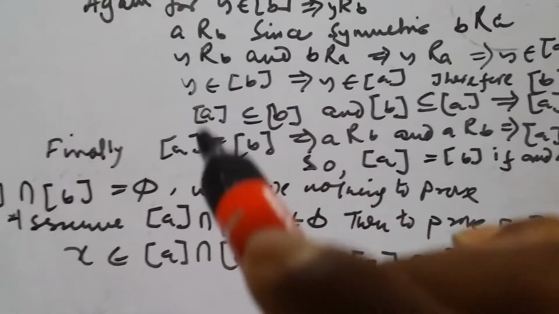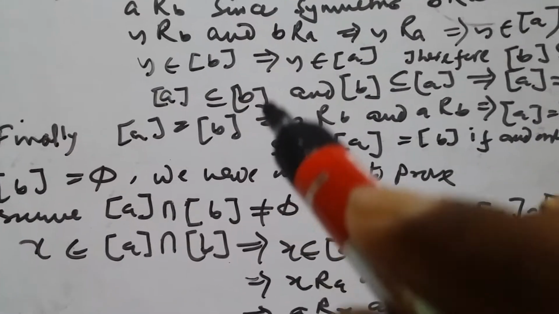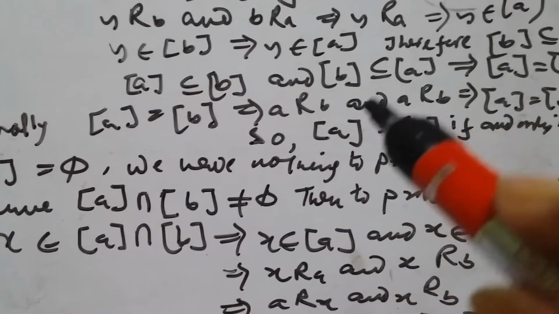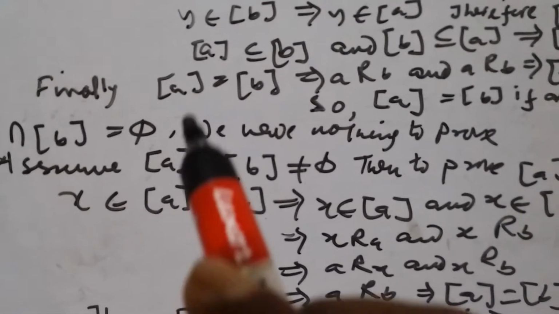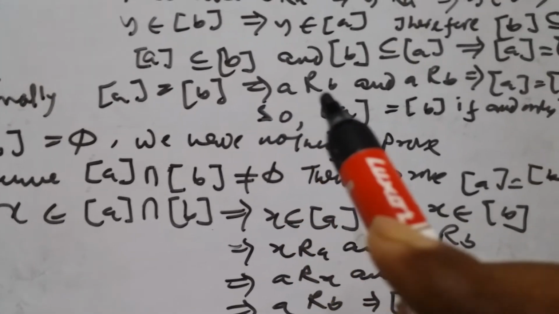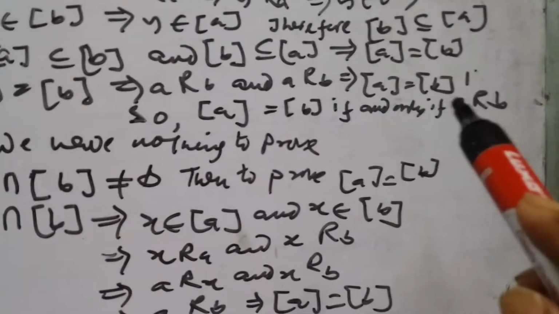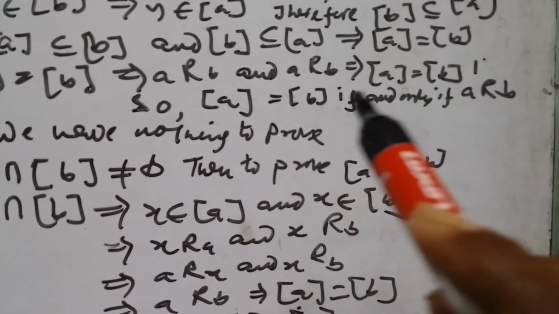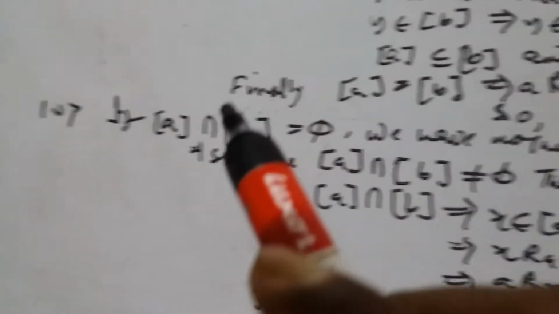So [a] is a subset of [b], and [b] is a subset of [a]. This implies [a] is equal to [b]. Finally, [a] is equal to [b] if and only if aRb. So we have completed the proof of the converse.